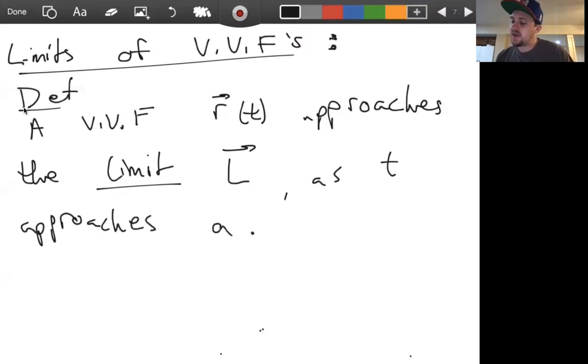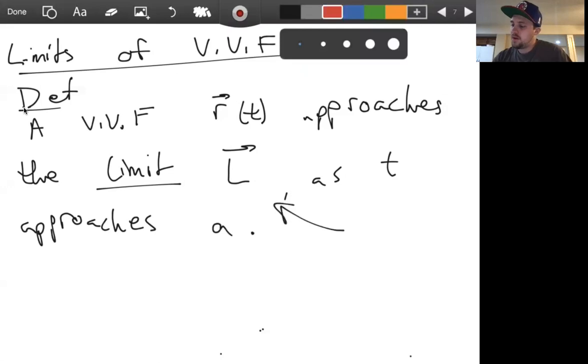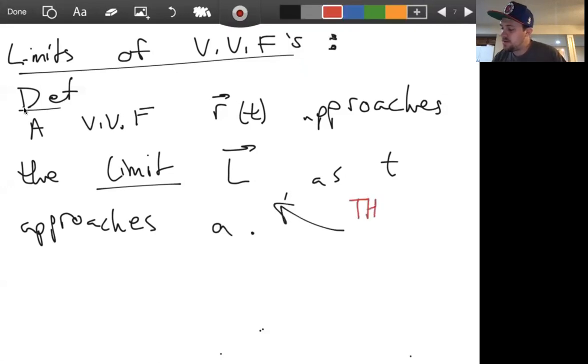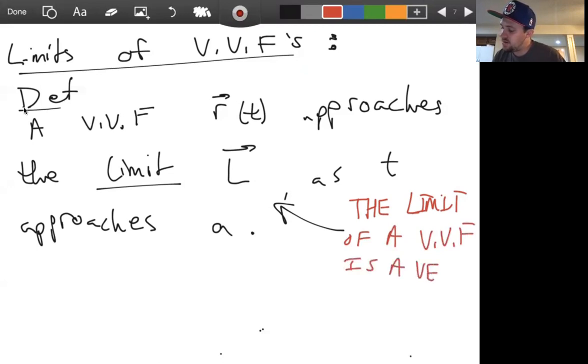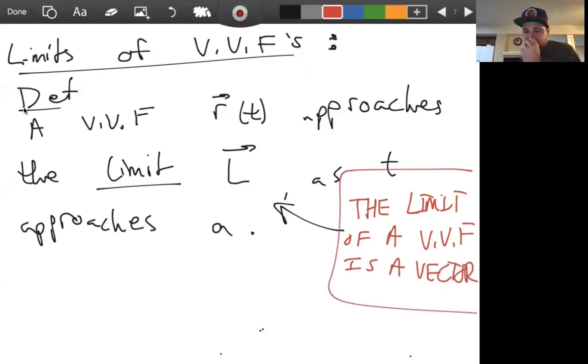And here, notice, let me write it in red, the limit of a vector valued function is a vector. The limit of a scalar function is a scalar, right?